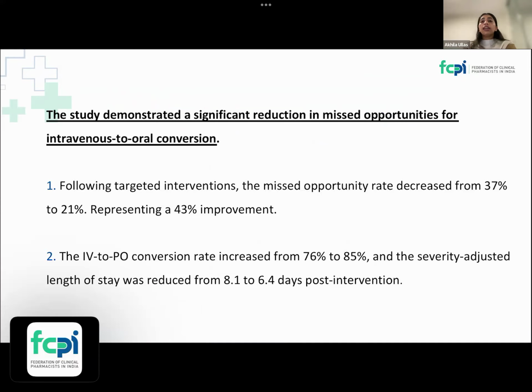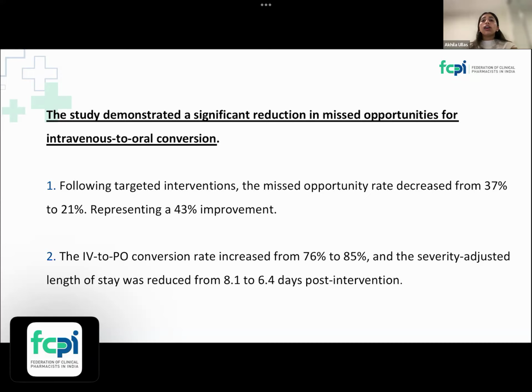After following the targeted intervention, they found the missed opportunities for intravenous to oral conversion. In the pre analysis, they looked at how many missed opportunities there were, and how many IV and oral conversions there were.